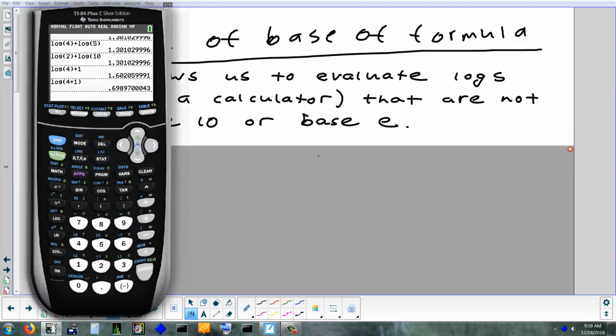I can go to this feature, 5, and I can actually type in logs that have a different base. Log base 8 of 42. That's how I can type it in. Not every calculator has that feature, so I'm going to show you how to type it in on any calculator, especially mine. Mine don't have that feature.